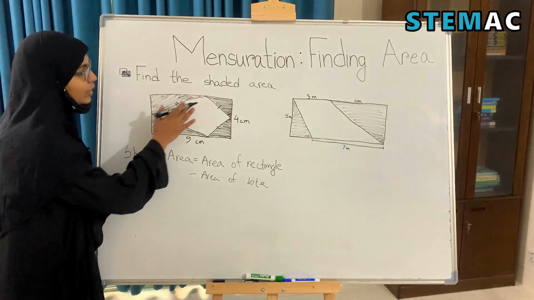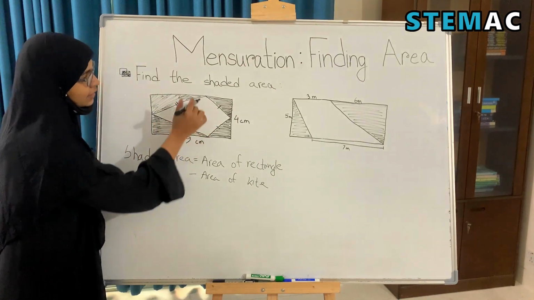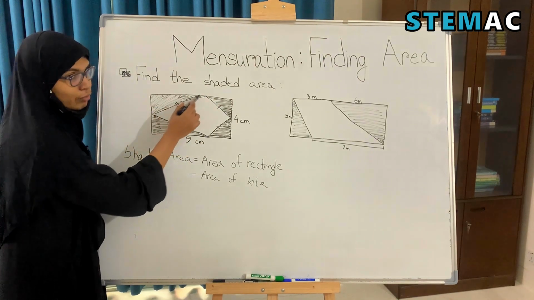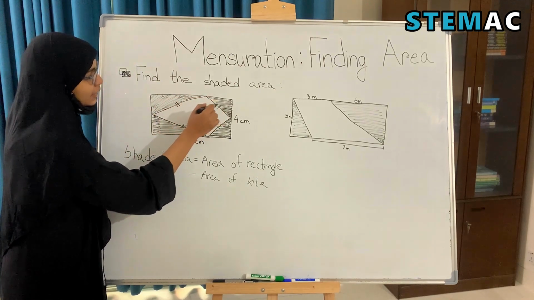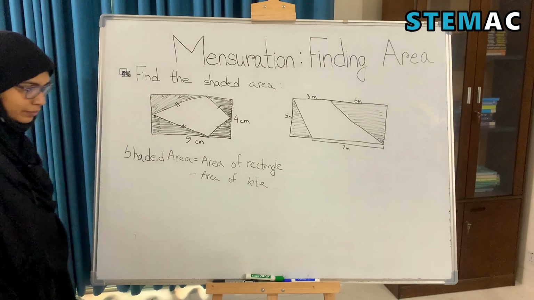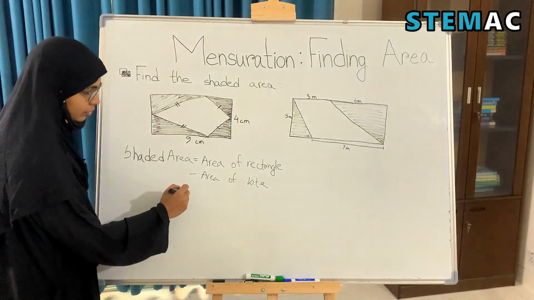That means we are removing the kite from this rectangle. If we remove the kite from this rectangle, only we will get this shaded area. That is what we are doing now.